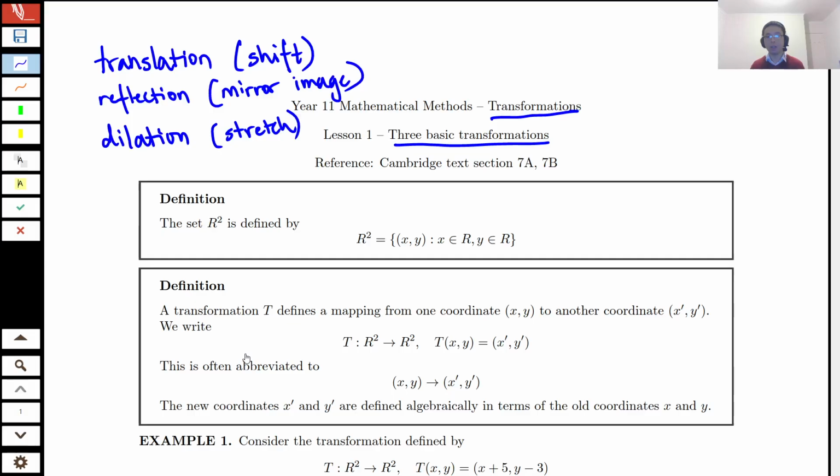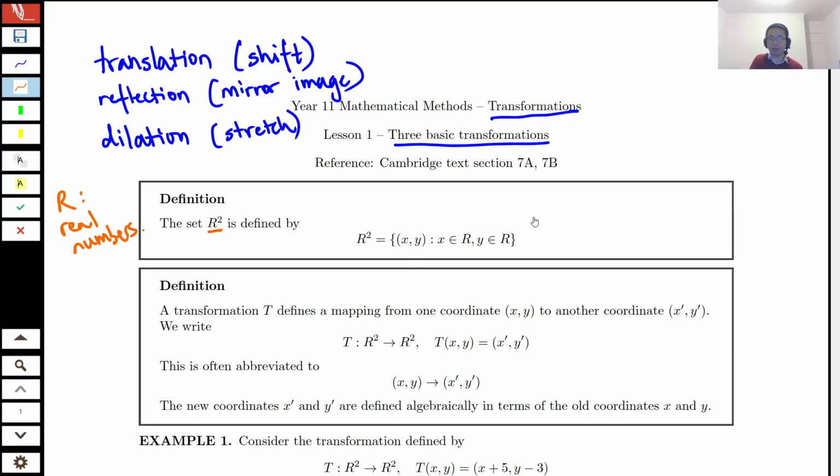So let's start. What's a transformation? Before that, I'm going to define a symbol, R squared. Now, the symbol R refers to the real numbers. R squared is like a combination of 2 real numbers.